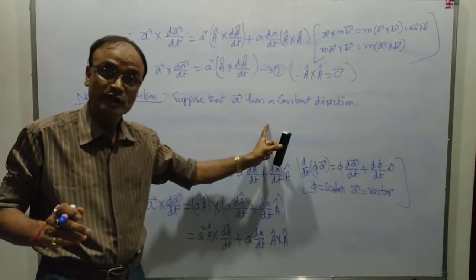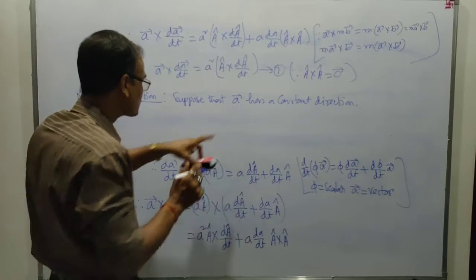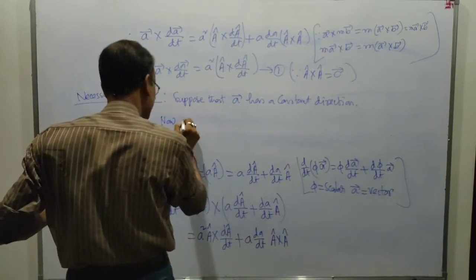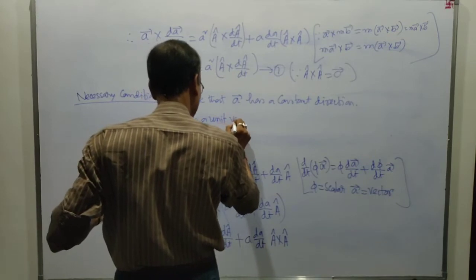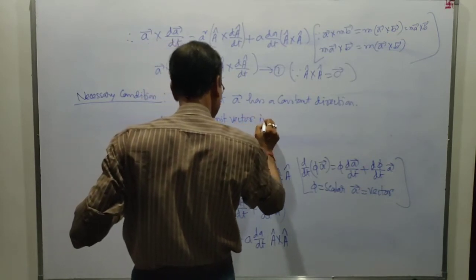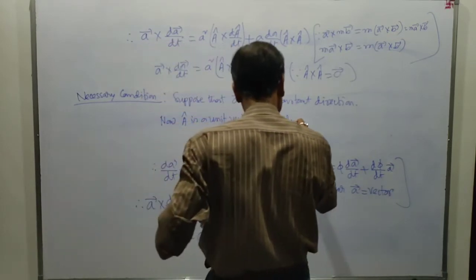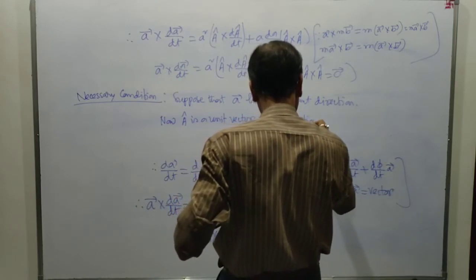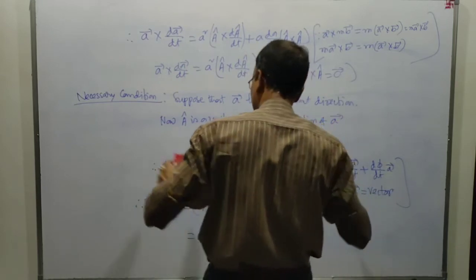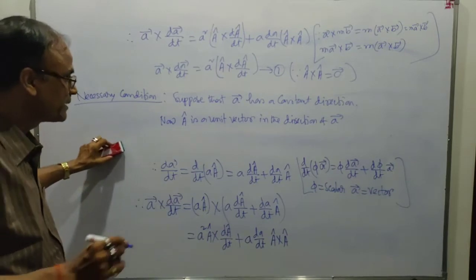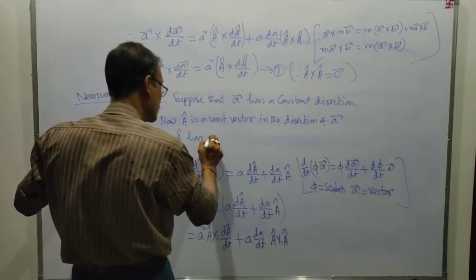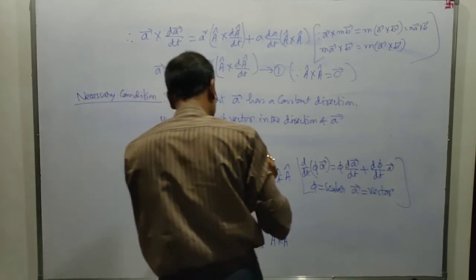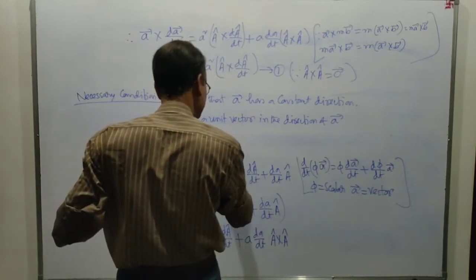Now, A cap is a unit vector in the direction of A vector. Therefore, A cap also has a constant direction.